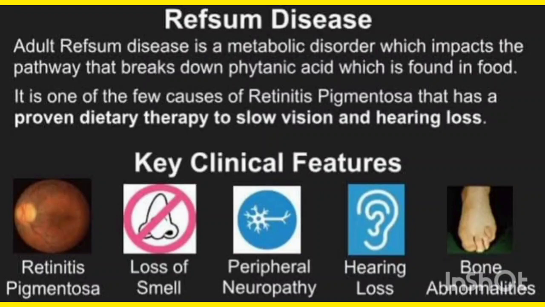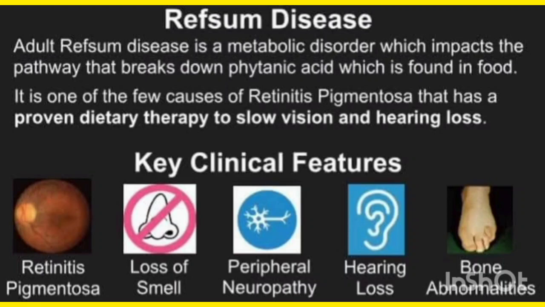Now, look at this slide. What is Refsum disease? Another name of Refsum disease is adult Refsum disease. It is a metabolic disorder, which impacts the pathway of the breaking down of phytanic acid.